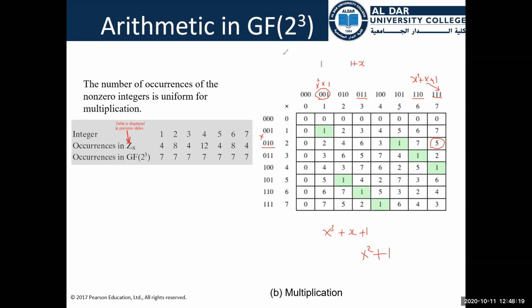Okay, let me ask you questions to make sure you have handled these concepts. Another question: why do we say that x cubed plus x plus 1 is irreducible?